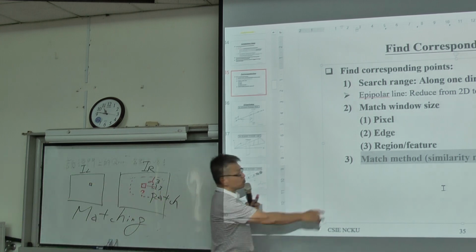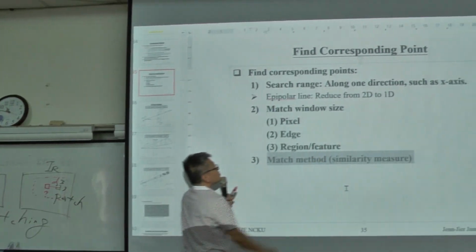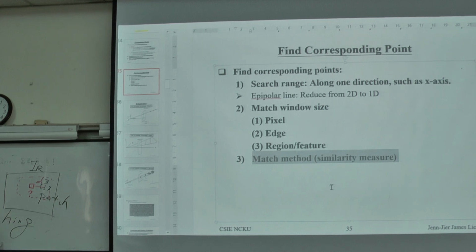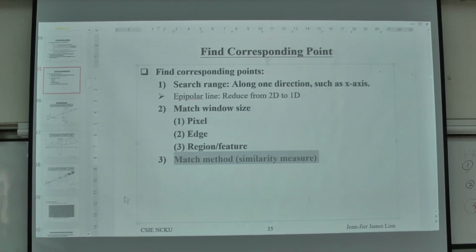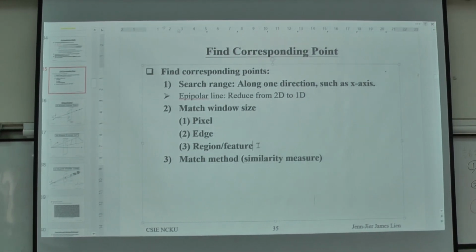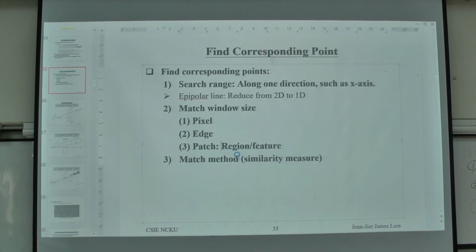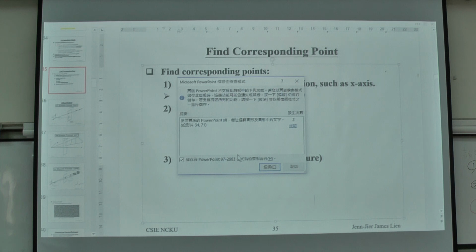Okay, 那是 feature. Feature 就是 page. Features mean the page. This is a page. What's the method?